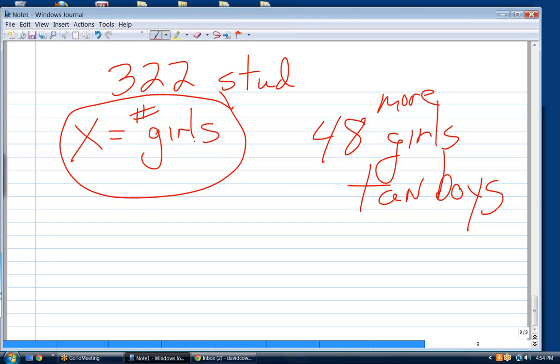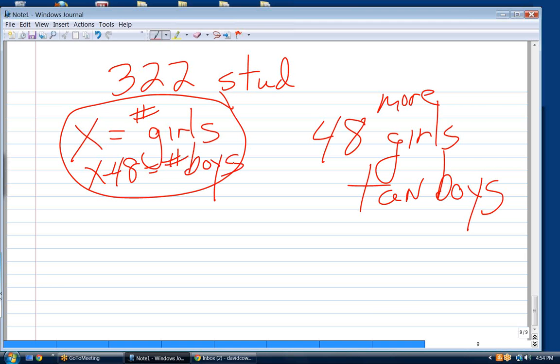So how many boys do we have? Well, you have to do x over 2 minus 48 equals 322. Well, how about just x minus 48 would be the number of boys?